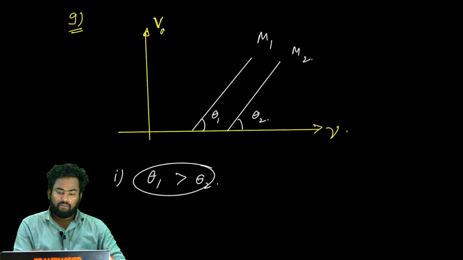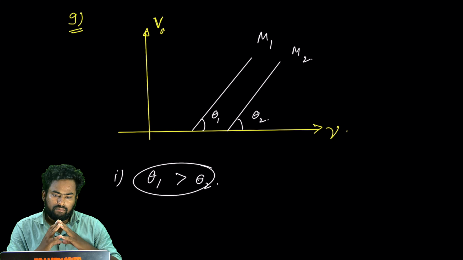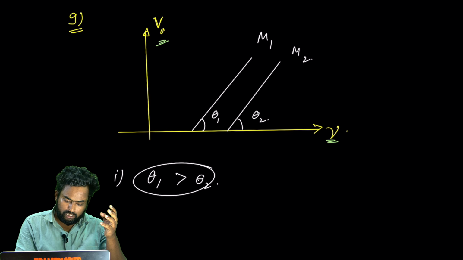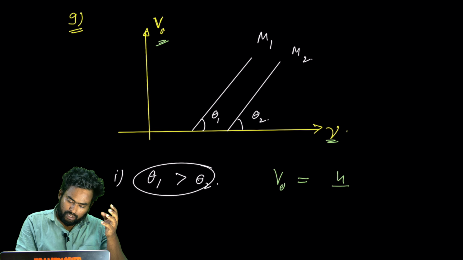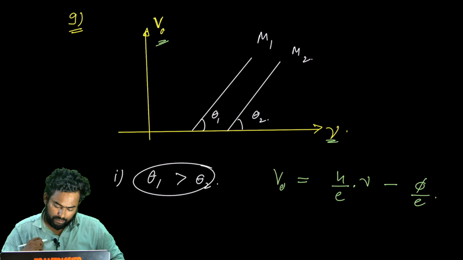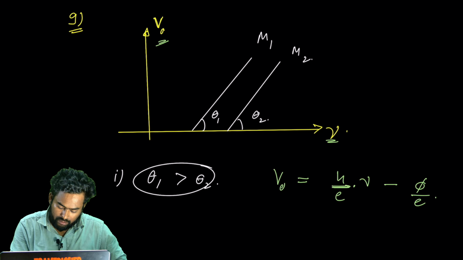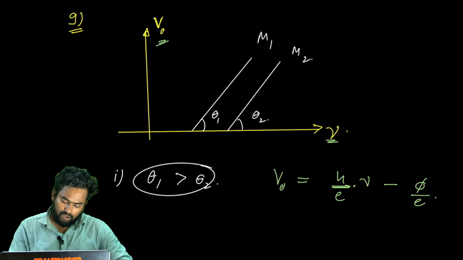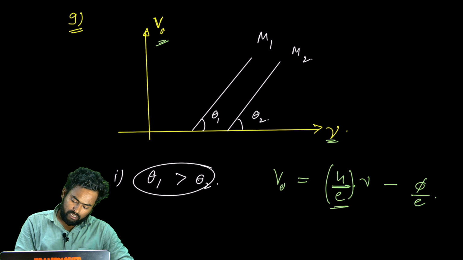So we know that whenever we draw the stopping potential versus frequency curve, the equation is: stopping potential equals h by e into nu minus phi by e. The slope will be h by e.